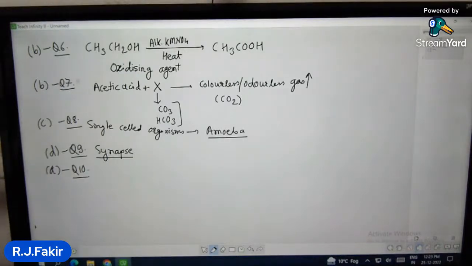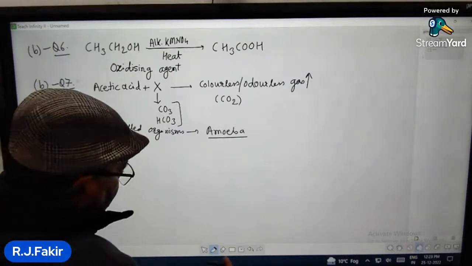First is asexual reproduction involves only one parent, and then the second is asexual reproduction does not involve gametes. So these two are correct about this kind of reproduction. Now in question number 11, you have to be careful about these kind of questions specifically.